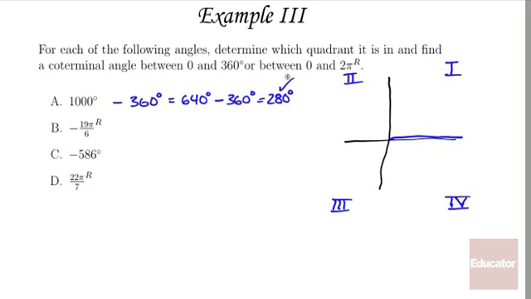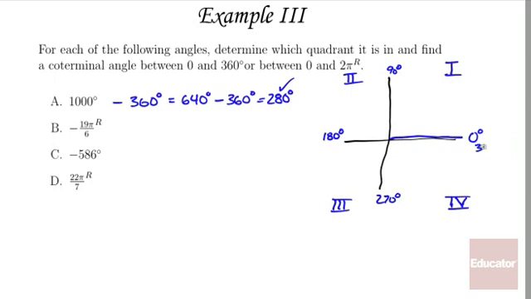I want to figure out which quadrant it's going to end up in. Now, remember, if we start with 0 degrees being on the x-axis, that would make 90 degrees being on the positive y-axis. And then over here on the negative x-axis, we'd have 180 degrees. And down here, 270 degrees, because that's 180 plus 90.